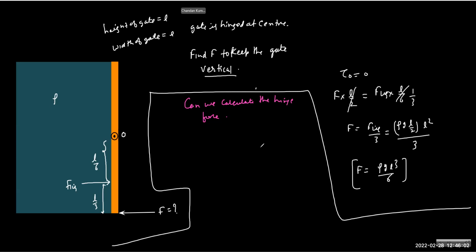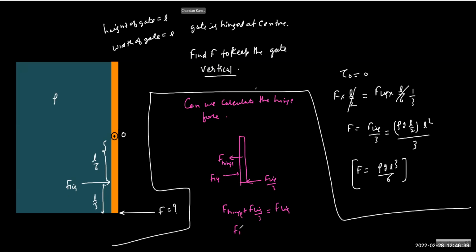And the answer is definitely yes, we can calculate, because if I take the gate as an object and then draw the forces, the water is pressing the gate towards right, so the hinge will apply force left. And then we have a liquid force acting towards right. And we have just learned that this force is F liquid by 3, right? So if you write the equilibrium, we can say F hinge plus F liquid by 3 is actually F liquid.